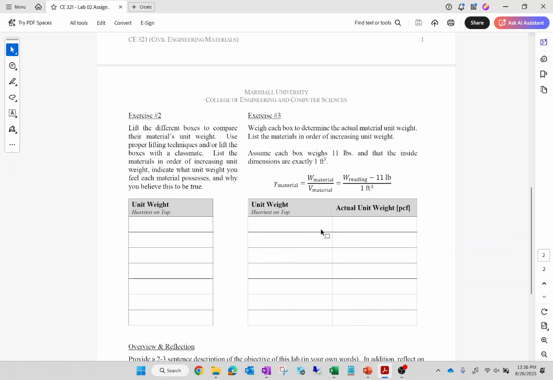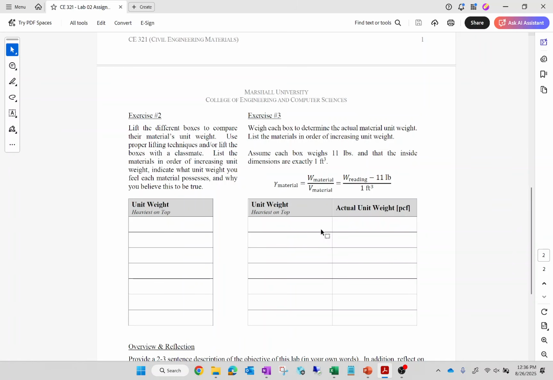So what you would do in these boxes right here is just record them as, you know, 82 minus 11 equals 71. 115 minus 11 equals 104. Does that make sense? So just put your actual reading minus 11 equals something, okay?